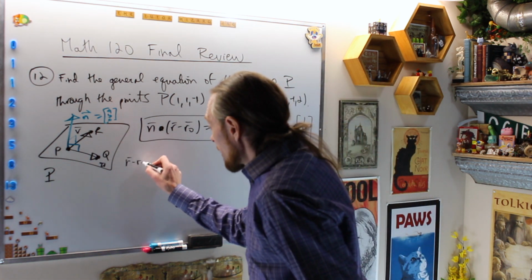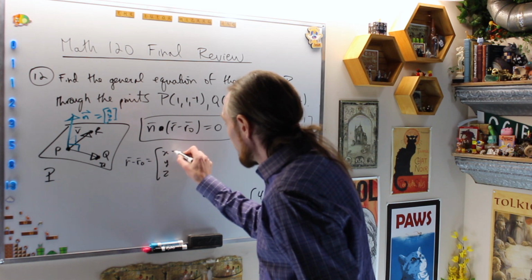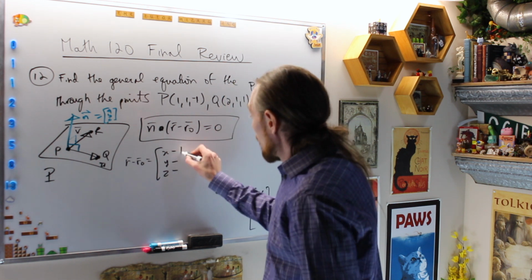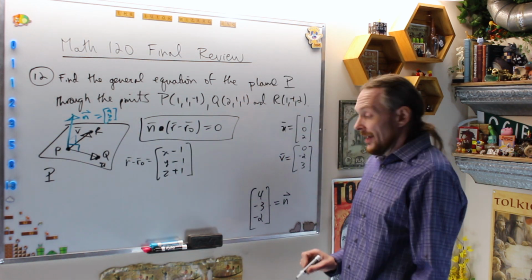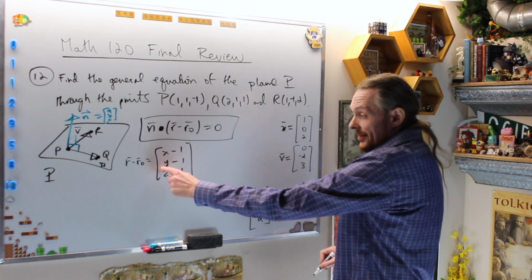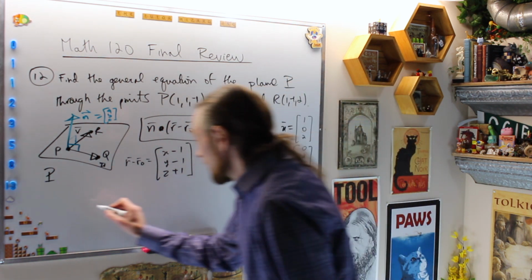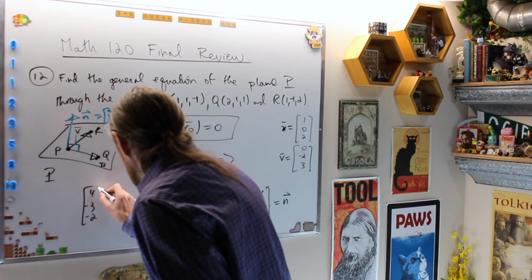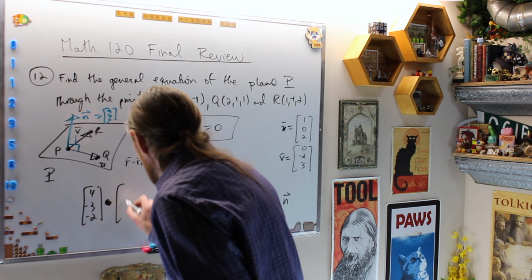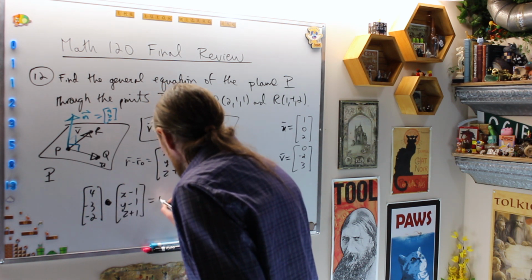R minus r naught is equal to x, y, z minus 1, 1, minus 1, which is plus 1. Now this equation is this guy dot product with this one. This gives me 4, negative 3, negative 2 dot product with x minus 1, y minus 1, z plus 1 equals 0.